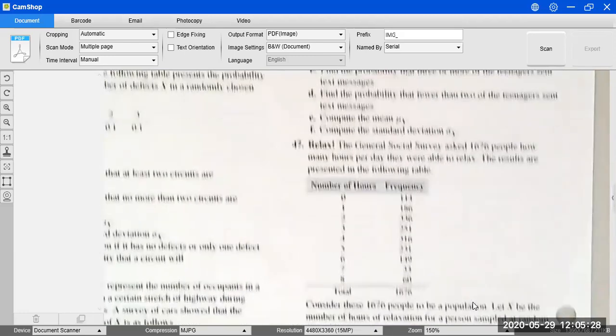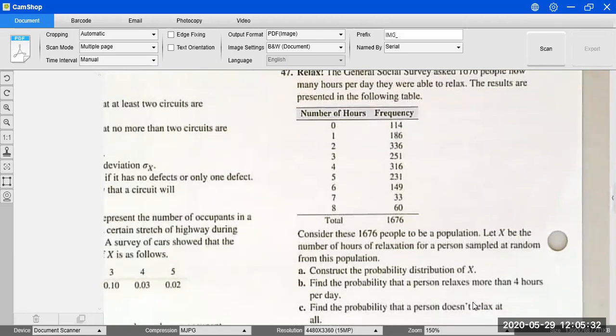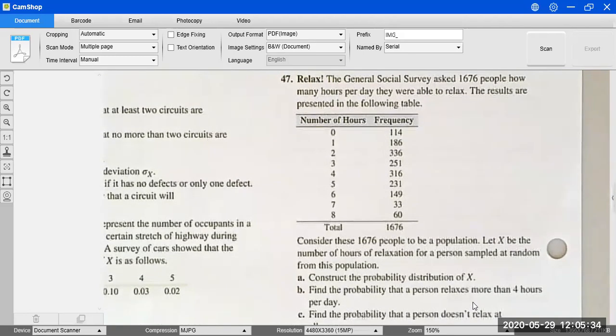Then you're going to solve problem 47. This is a similar problem, so you're going to have to work on this. You have a frequency distribution. Remember, you need to convert these frequencies into relative frequencies, and in that way they're going to be used as probability values. So that's the first thing.